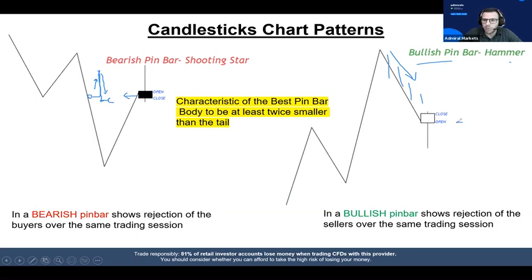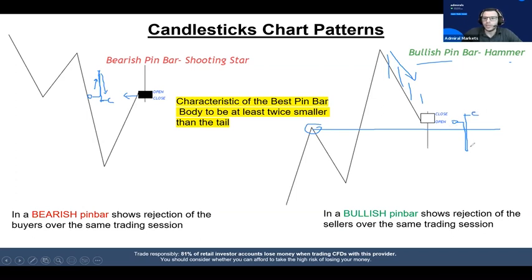Then at some point around the last swing, the market opens there. The sellers are still selling. The buyers stepped in. And by the end of the session, they close here. They open there and they close there.